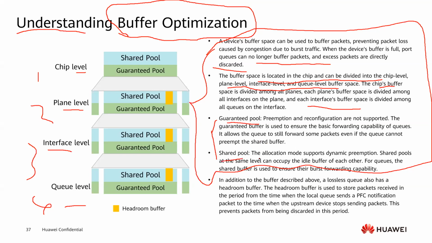And the other is the shared buffer. The allocation mode supports dynamic preemption. Shared buffers at the same level can occupy the idle buffer of each other.